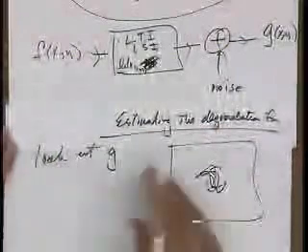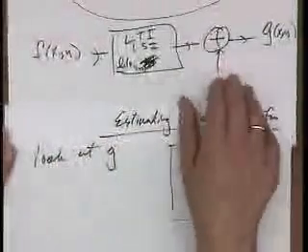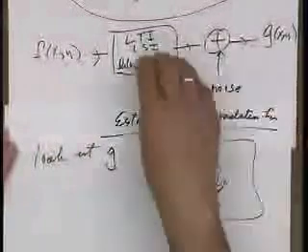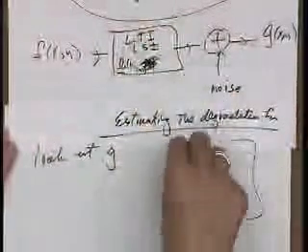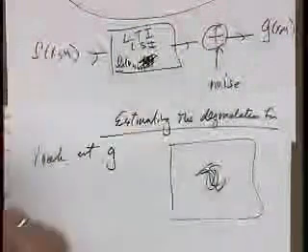Go to the parts of G where it hasn't been corrupted by noise, or it hasn't been too much affected by noise. And then by looking at the parts of G where the signal is very strong, where F is dominantly in action, try to estimate this guy H. Okay?